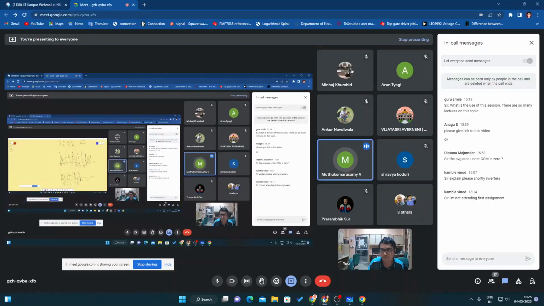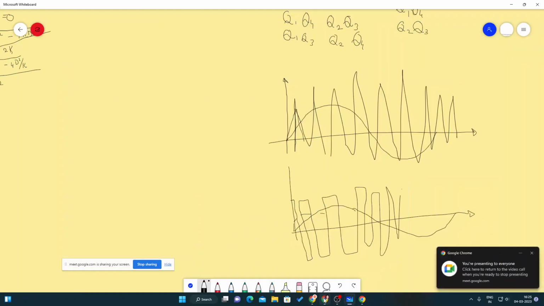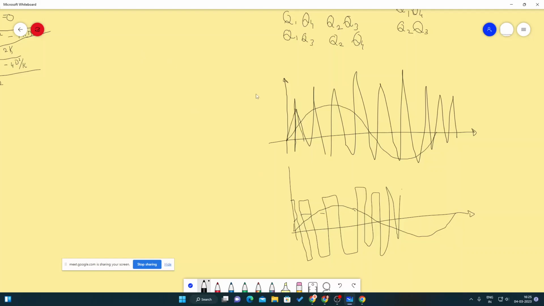But can we take only one on and one off, DTS and one minus D TS duration, and derive the average?